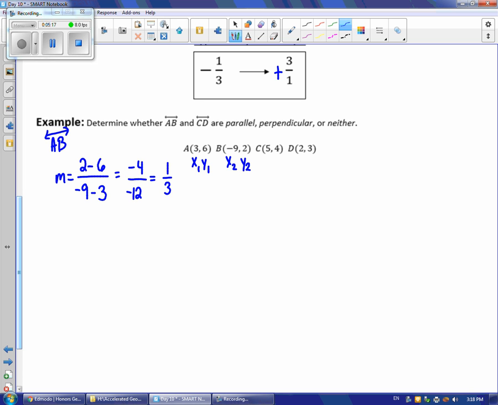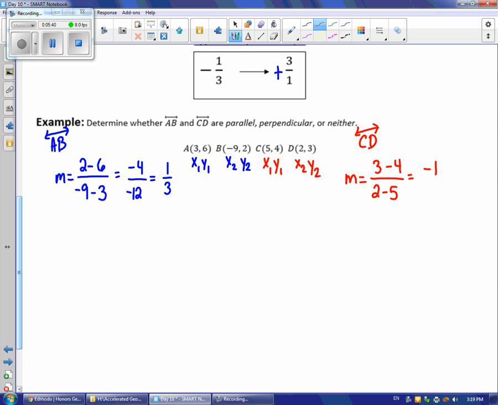Now let's look at the slope of CD. I'm going to label my points x1, y1, and x2, y2. Looking at my slope, 3 minus 4 is the difference in my y's, and the difference in my x's is 2 minus 5.